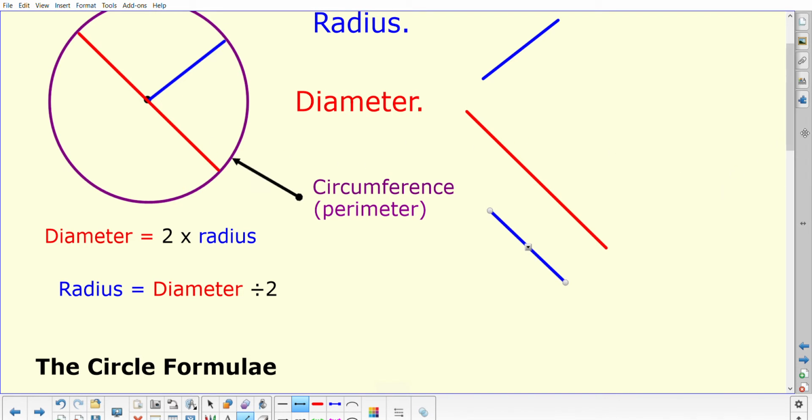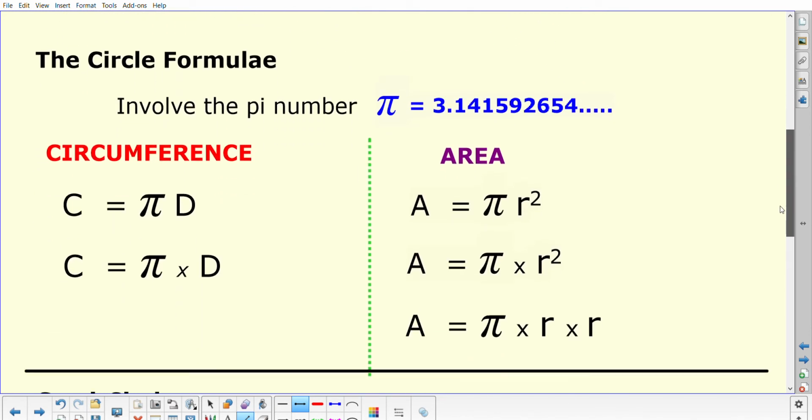It's the perimeter of your circle, and what they discovered was that the circumference is roughly just a bit bigger than 3 times the diameter. And the reason I'm saying it's a bit bigger than 3 is because it's 3.1415, whole load of other digits, goes on and on forever. It's already been calculated, and that's stored in your calculator.